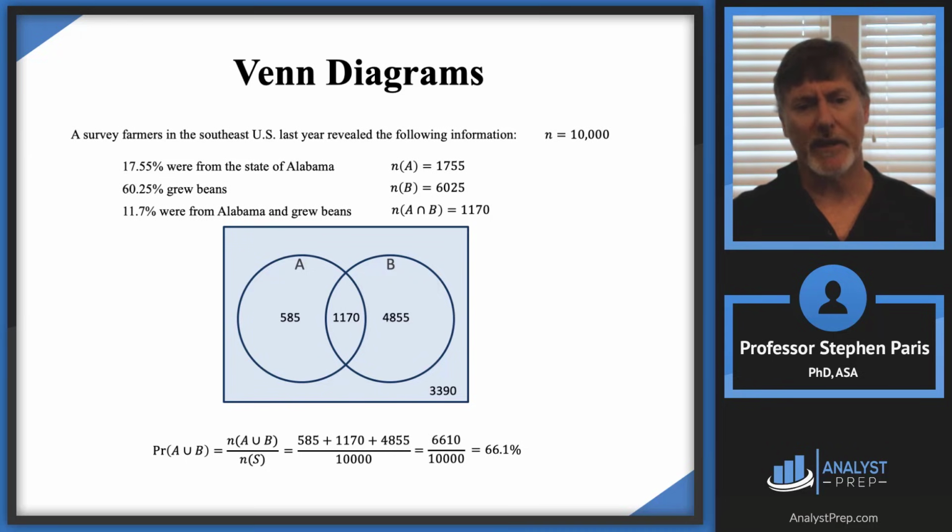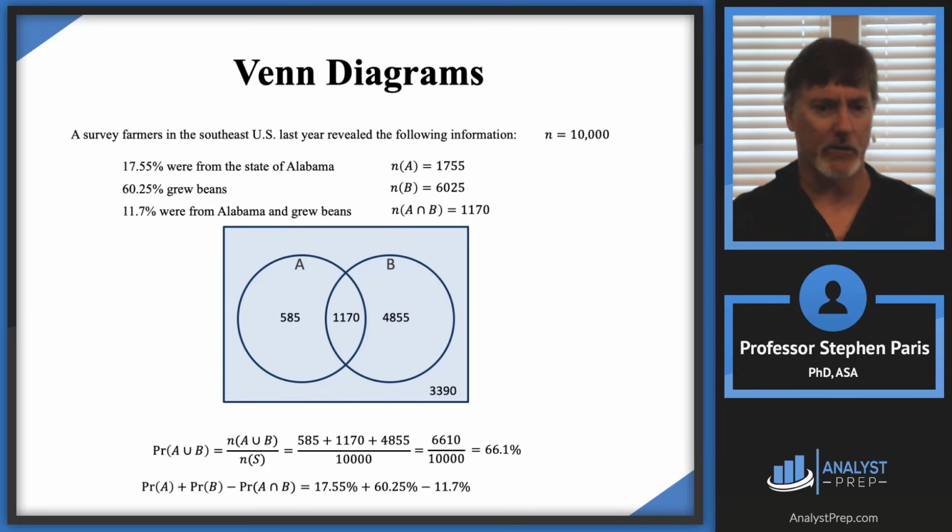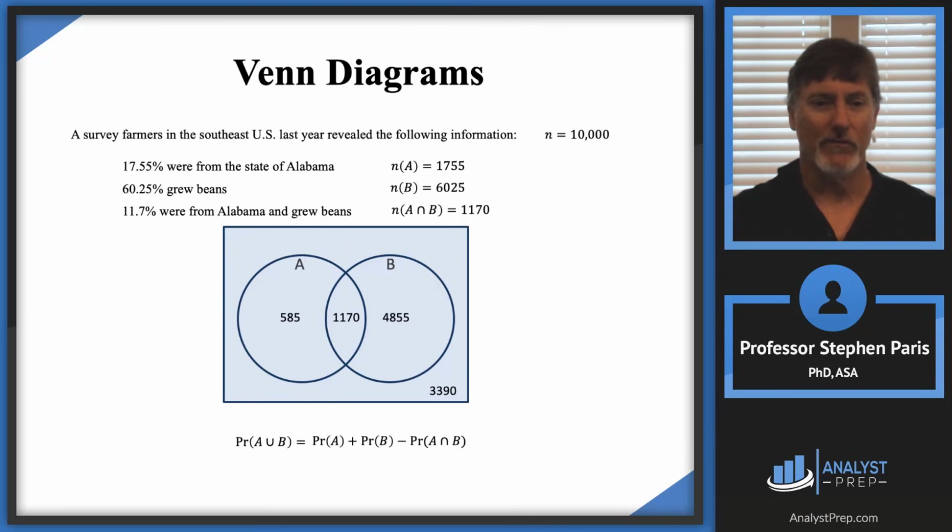Notice I want to make an observation here that if I take the probability of A plus the probability of B and I subtract the probability of A intersect B, well, those are actually the numbers that were given to me. And I get the same 66.1%, which I knew I was going to get anyway because we just talked about the formula here, that's a fact that's always true.